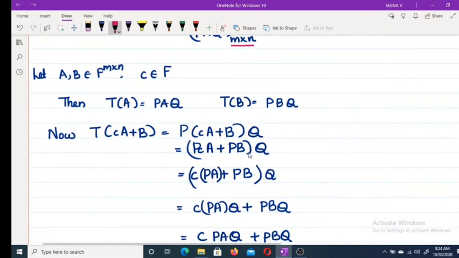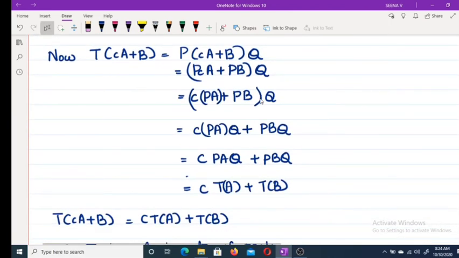Now for A, B belonging to F^(m by n) and C belonging to F, T of A equal to PAQ, T of B equal to PBQ. Therefore T of CA plus B equal to P into (CA plus B) into Q, which is equal to this one.